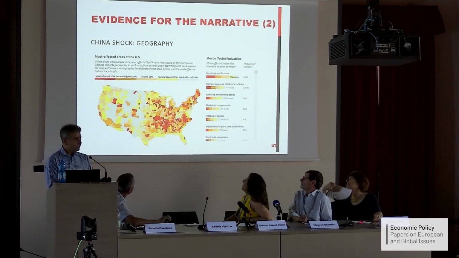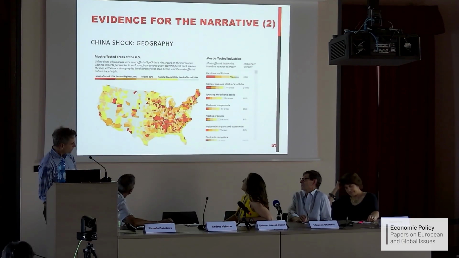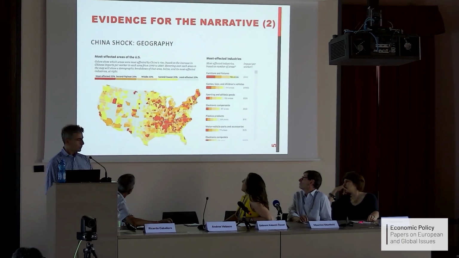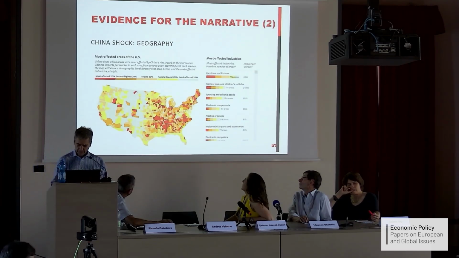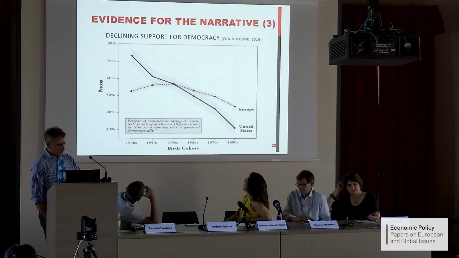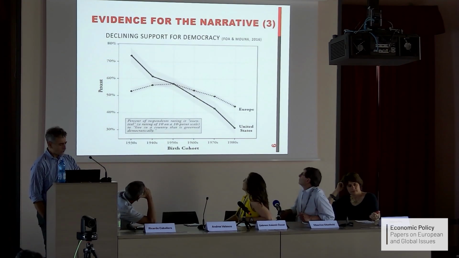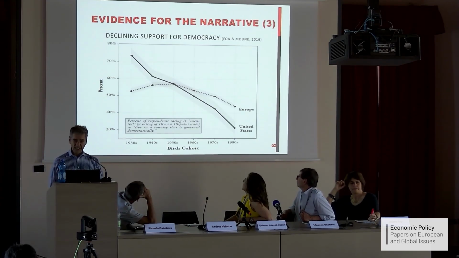China shock paper. Not only did you have the hollowing out of the middle class, but that was geographically concentrated. Those red bits are where you had job losses as a result of Chinese imports. And there's some correlation between the red bits and the places which vote for populists, the left-behind regions, etc. And in Europe, support for democracy seems to be falling, but in the US, it seems to be falling even more.